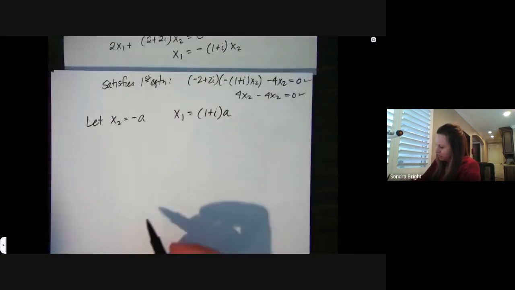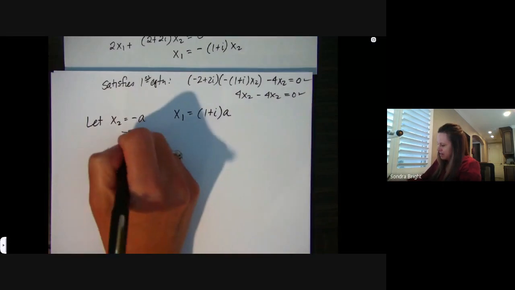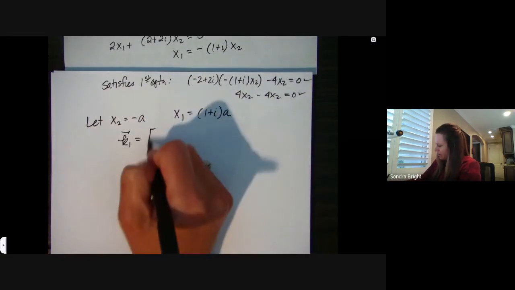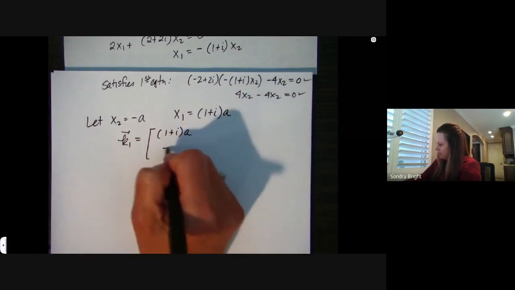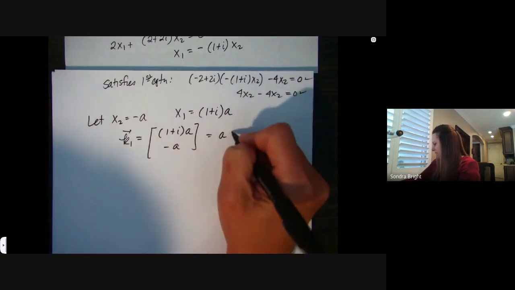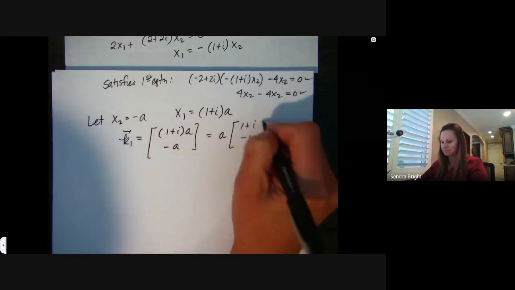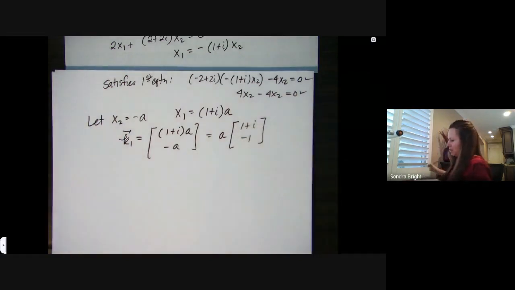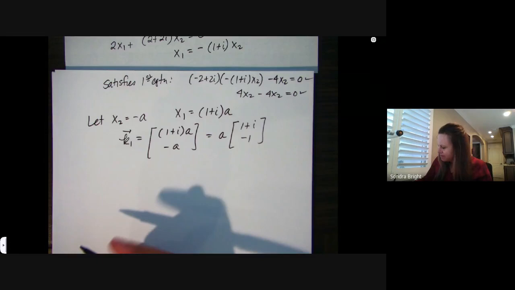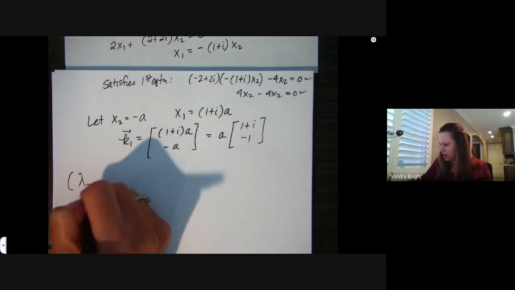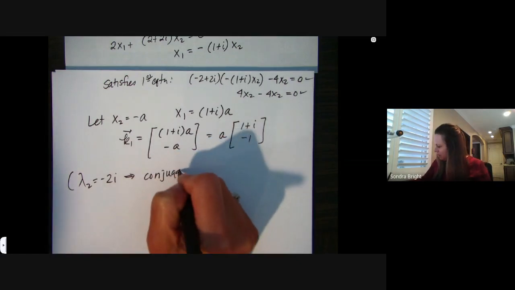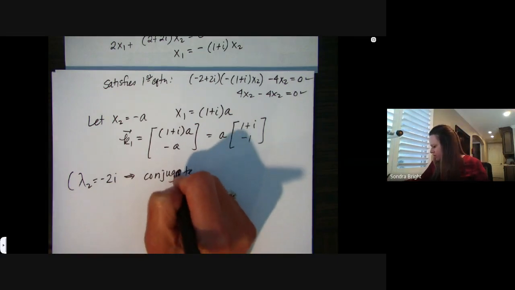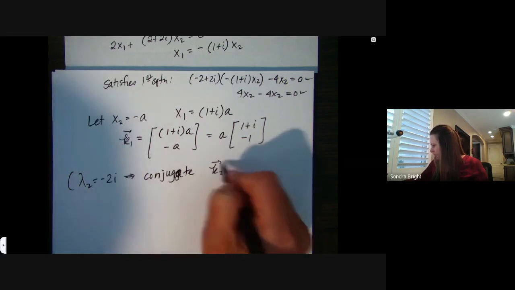All right, and so then your eigenvector is going to be 1 plus i times a and negative a, which remember we've usually factored off the a, and then it's 1 plus i and then negative 1. All right, and then if you remember that lambda 2 was negative 2i, that's just the conjugate, where K2 is just going to be a times the conjugate of these guys.